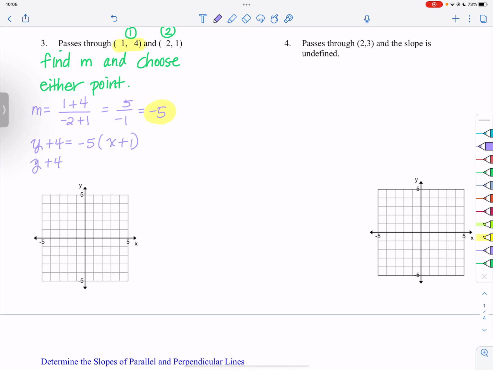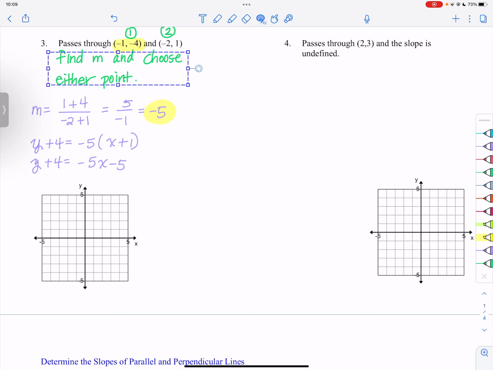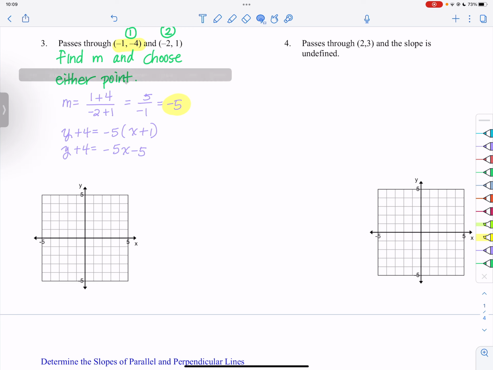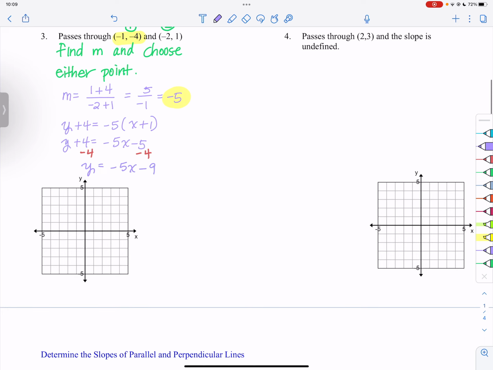We'll distribute that negative 5, and then we can subtract 4 from both sides. If we subtract 4 from both sides, we end up with y equals negative 5x minus 9.